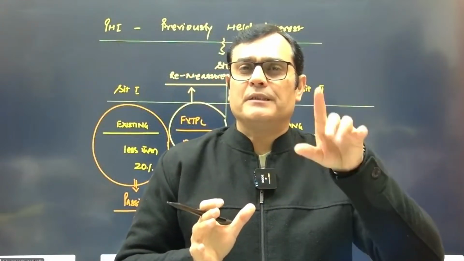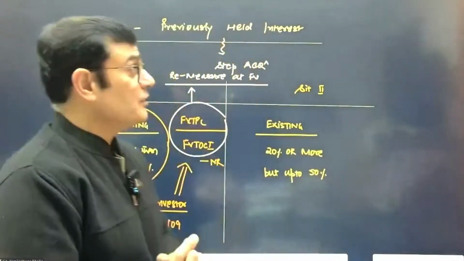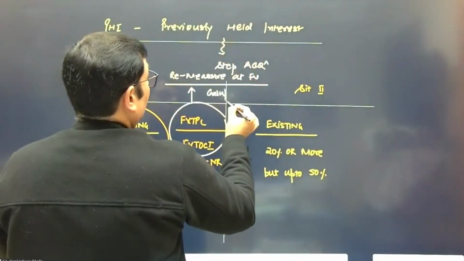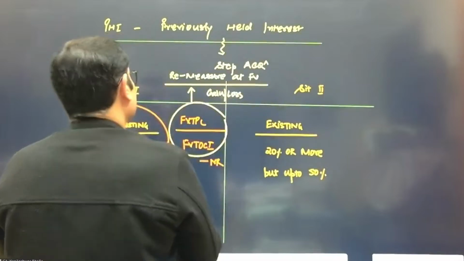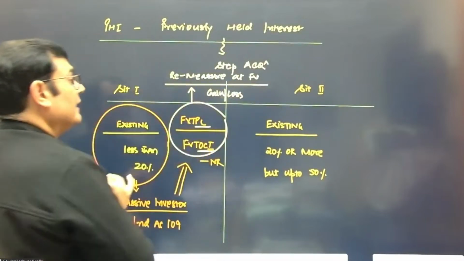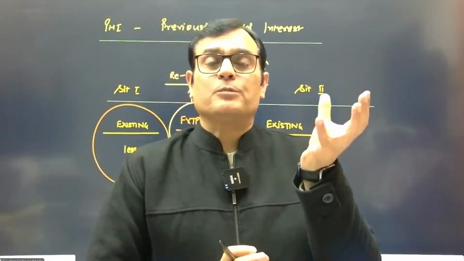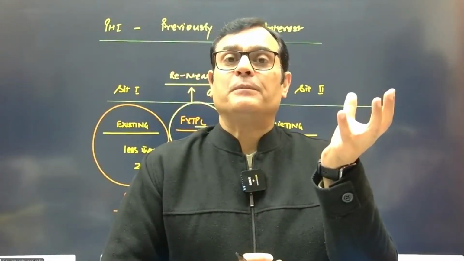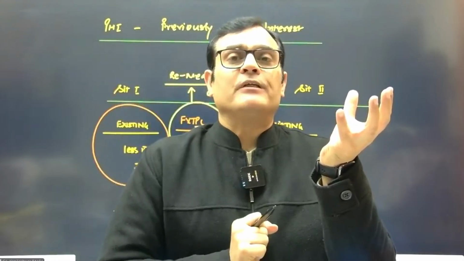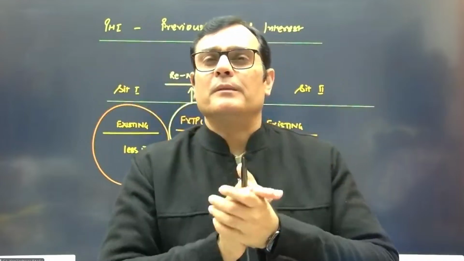You need to remeasure these investments at fair value on the date of acquisition. And this remeasurement will lead to a gain or a loss on remeasurement. The gain or loss will enter the P&L or the OCI, as the case may be. If your investment was accounted under FVTPL, the gain or loss will be taken in the P&L. If the investment was accounted under FVTOCI, the gain or loss will be taken in OCI.